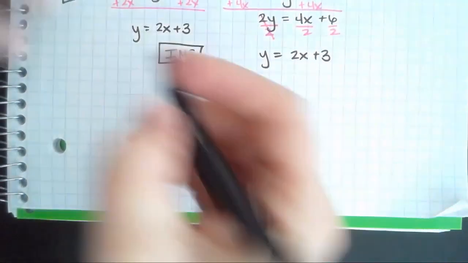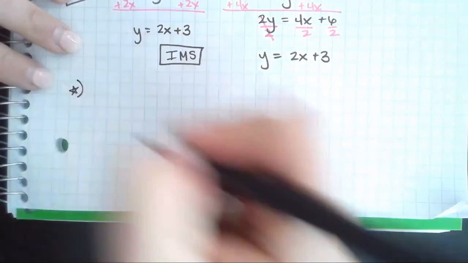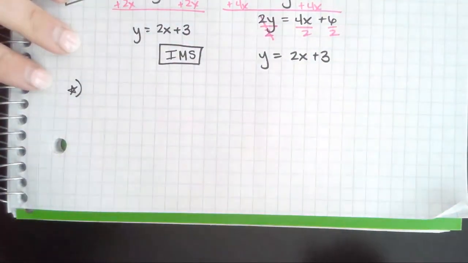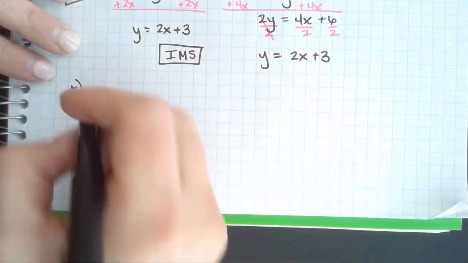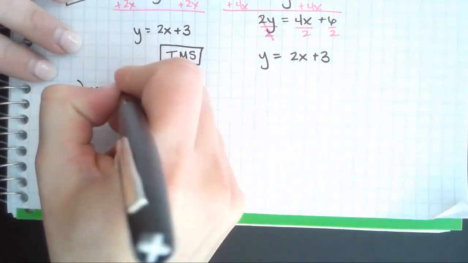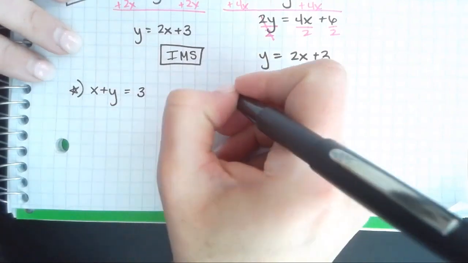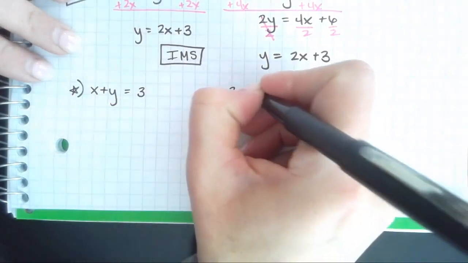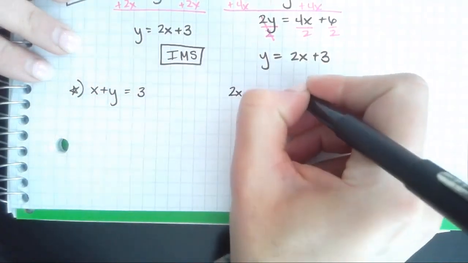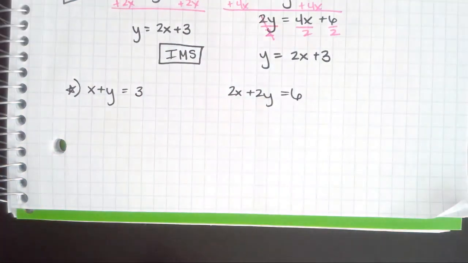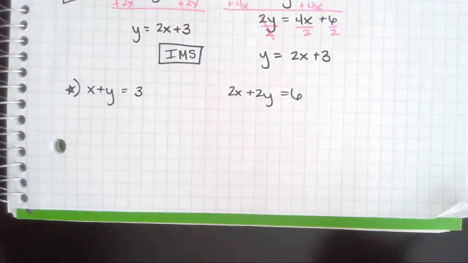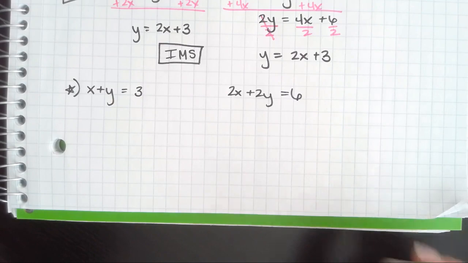These are not technically examples in the book, so we'll just call them our star. Okay, look at this. x plus y equals 3, and 2x plus 2y equals 6. You start to recognize when certain types of equations are going to end up a certain way.